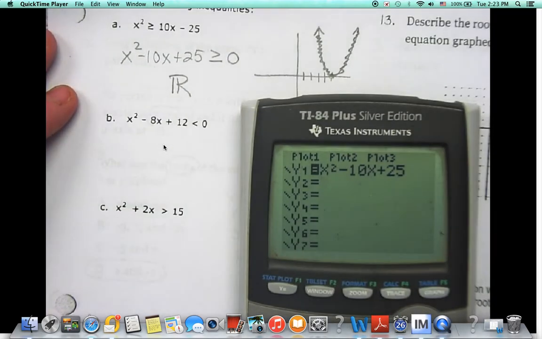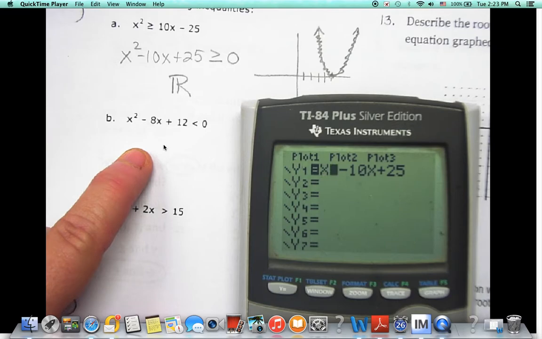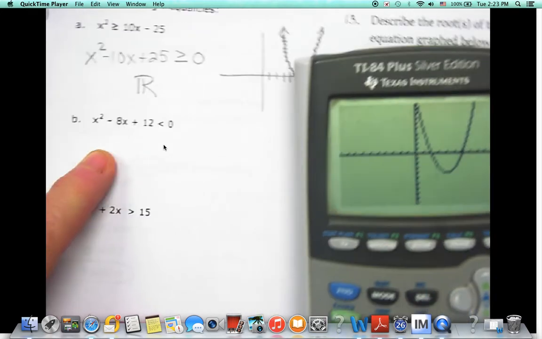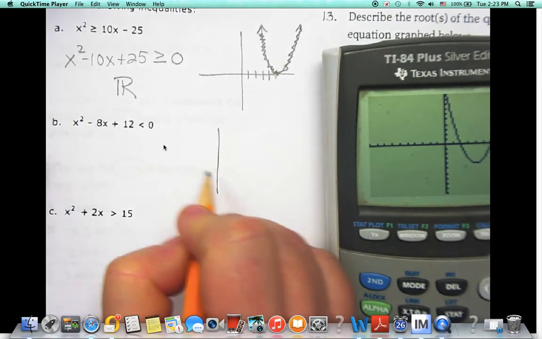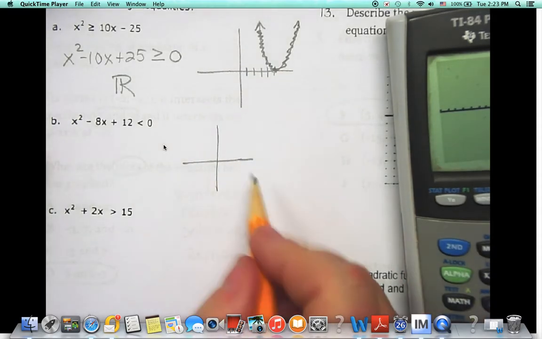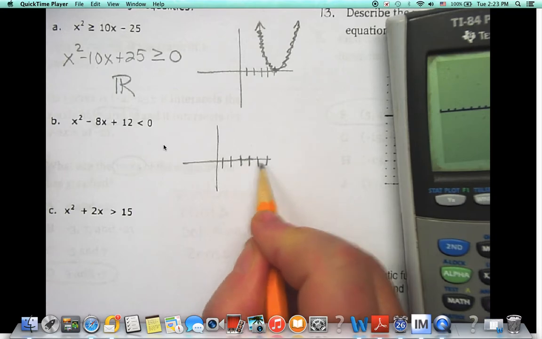Okay, now we'll do the next one. X squared minus 8x plus 12. I'm going to sketch it. Where does it cross on this one? It looks like 2 and 6. We've got to make sure though. 1, 2, 3, 4, 5, 6.